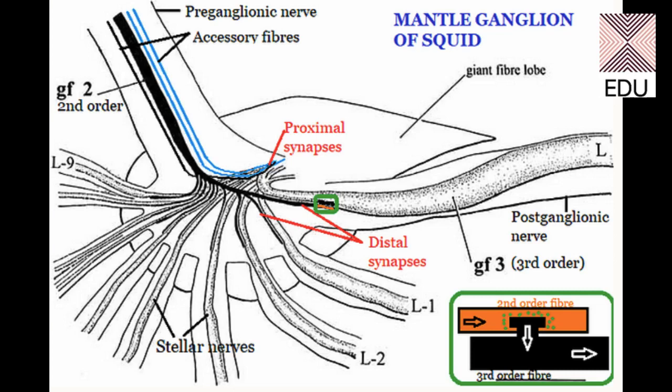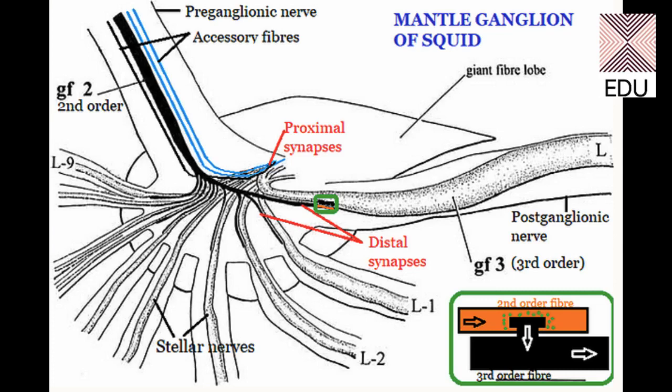So now we can explain how the impulses can travel from the second order fibers to the stellar nerves with the distal synapses. Here you can see the distal synapse is in between the GF2 and GF3, and GF2 and stellar nerves.